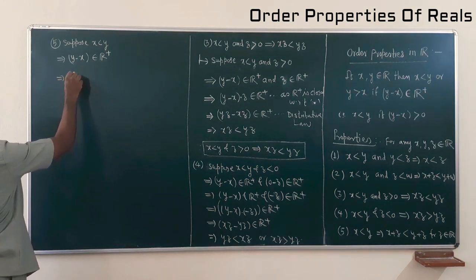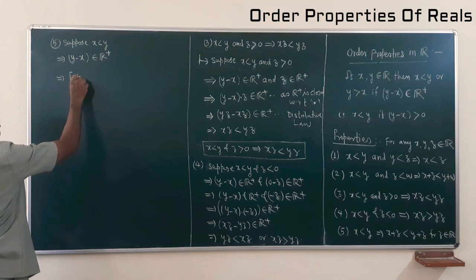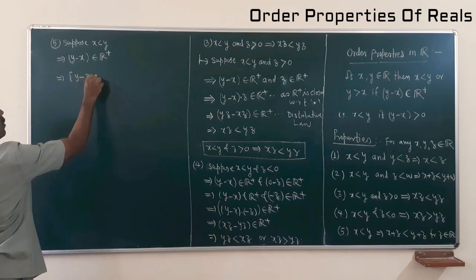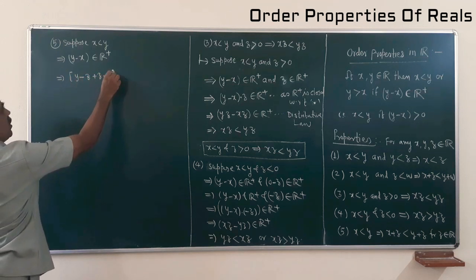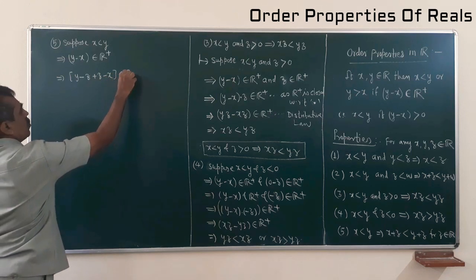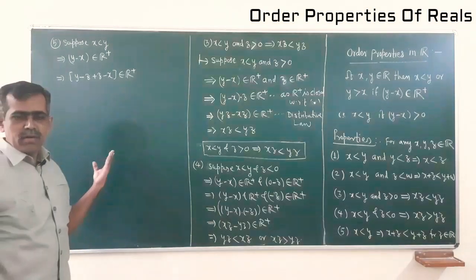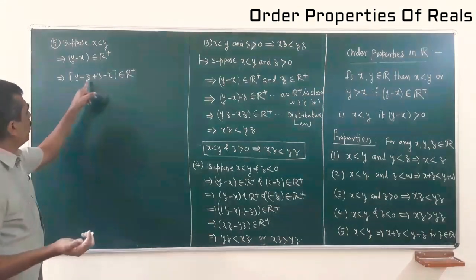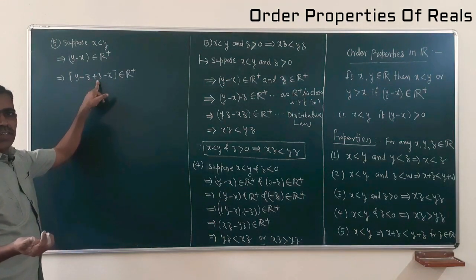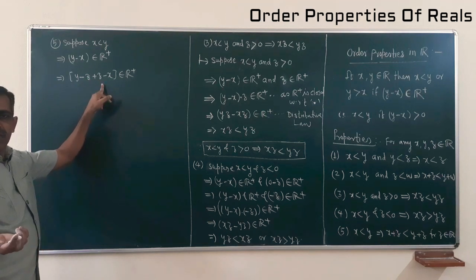This implies, now see what I will do is, y minus z plus z minus x belongs to R plus. What I did is I have added and subtracted a number. I may write 0 and then add 0 as minus z plus z.